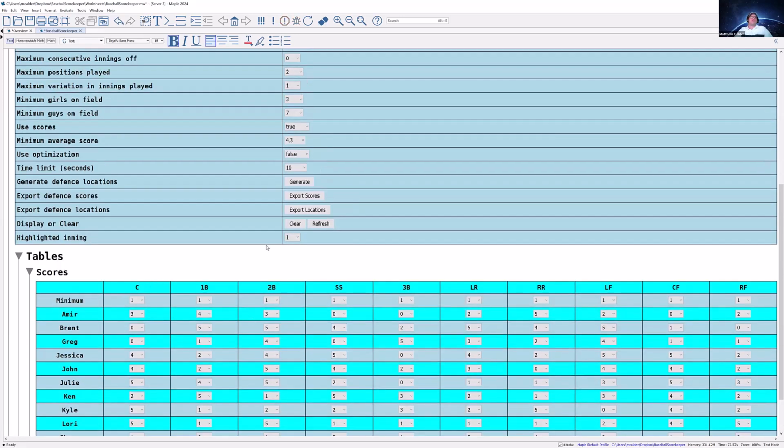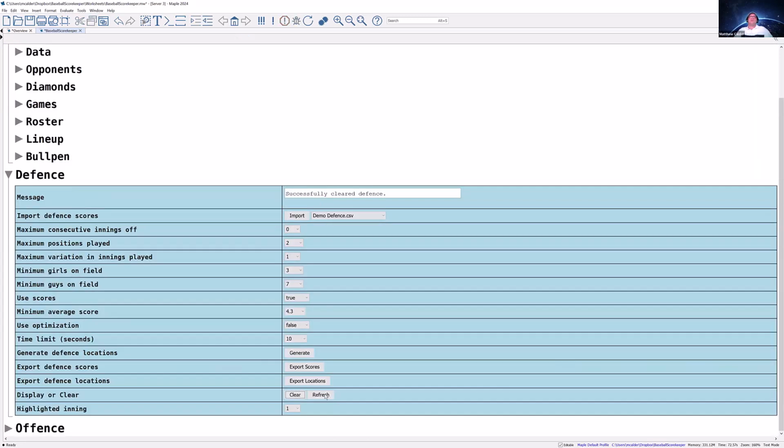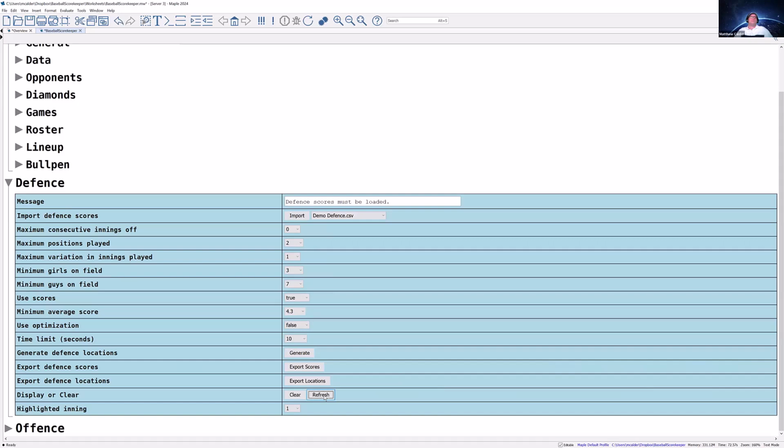And there's the requisite mistake, that's not working. Let me clear that and refresh. Oh, that's what it's complaining about. Whatever. So generate again.